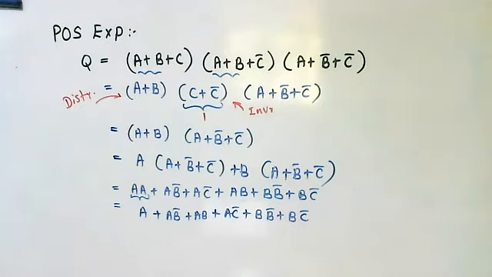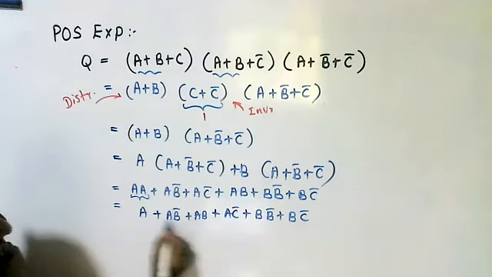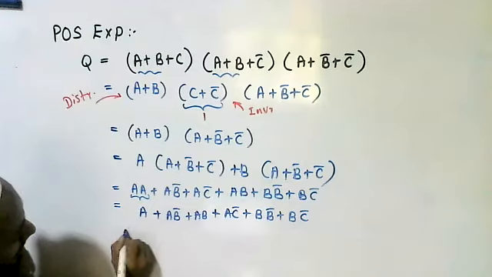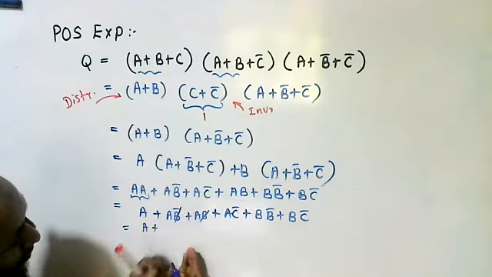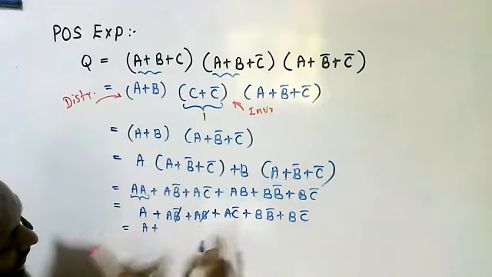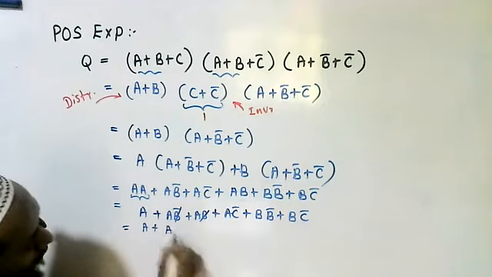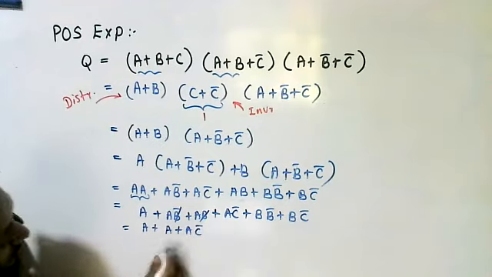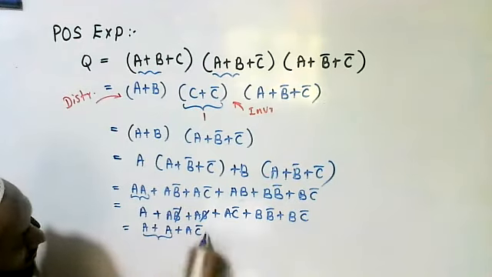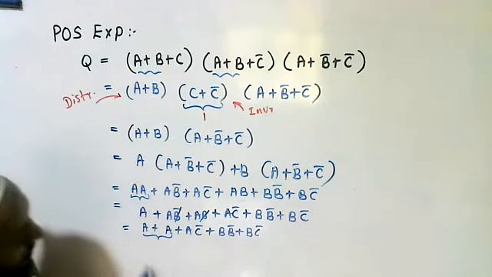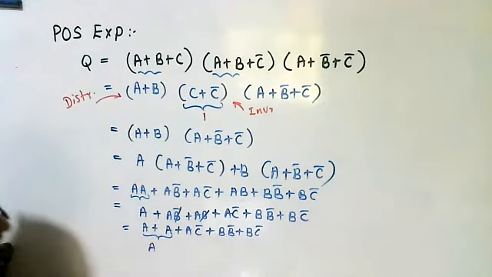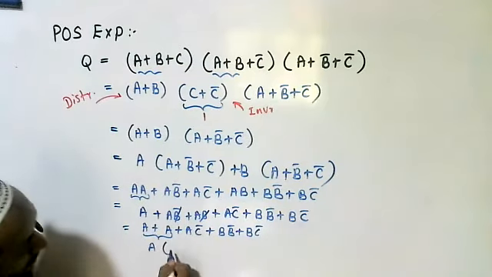Here we can take A as common. B bar, B comes inside the brackets, B bar plus B, then it becomes 1. So A into A means A, and we are taking A as common.